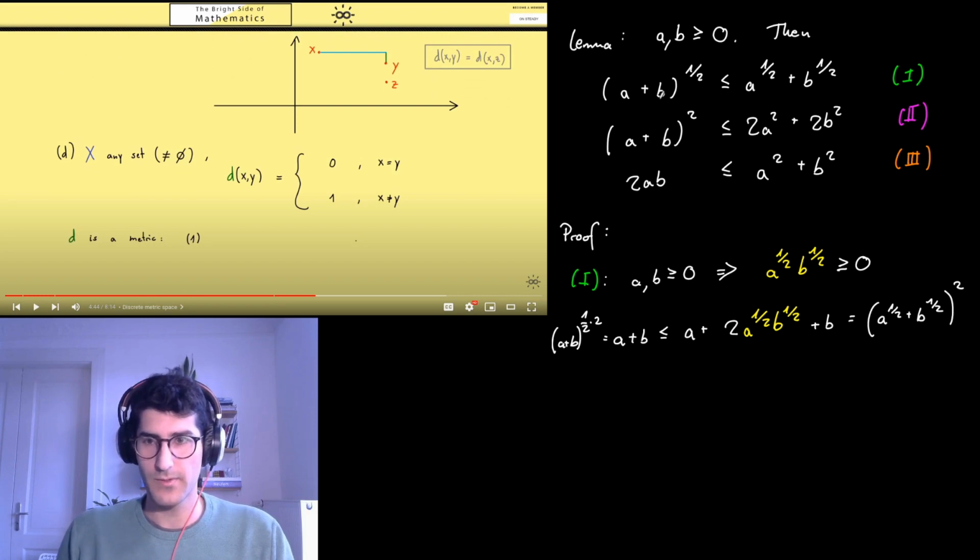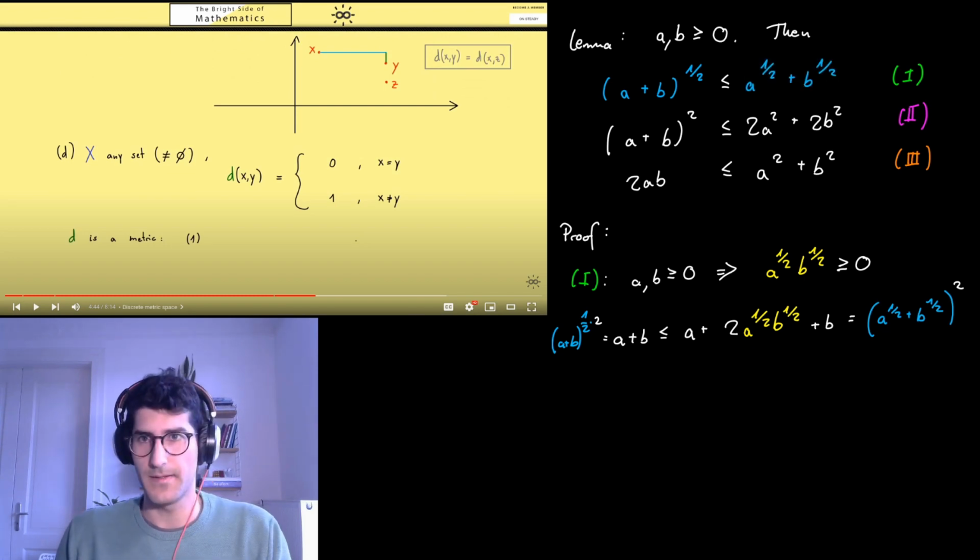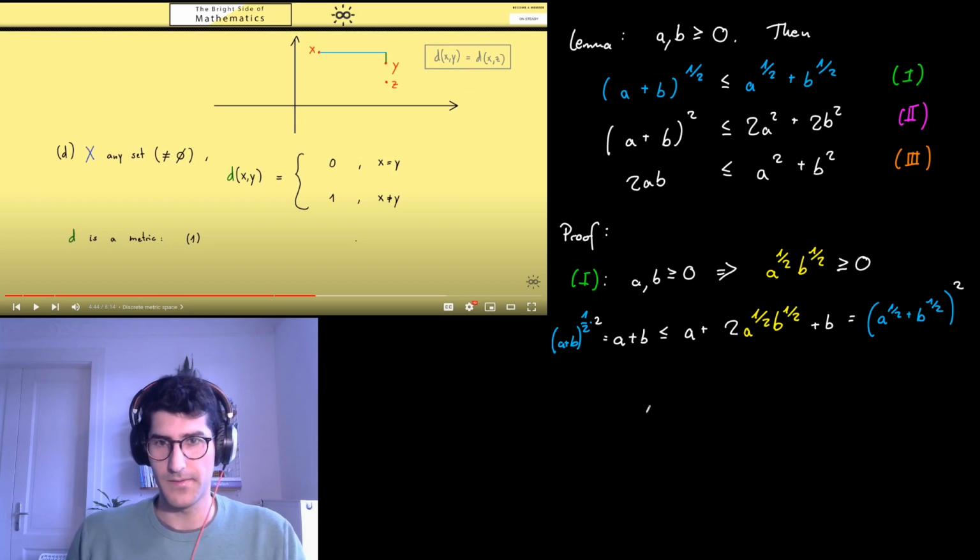Now taking square roots on both sides gives us inequality 1. Taking the square root here gives me a to the 1/2 plus b to the 1/2, so this is the right hand side. And also here taking the square root gives me the right hand side. Nice.